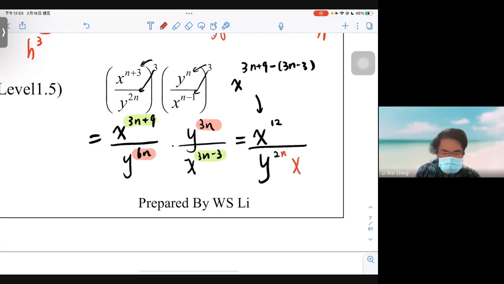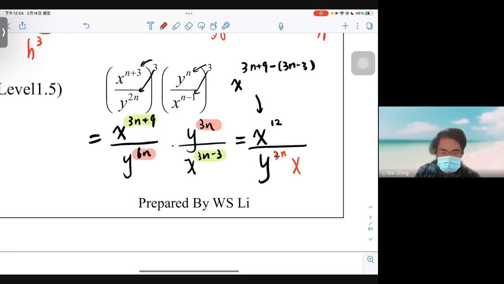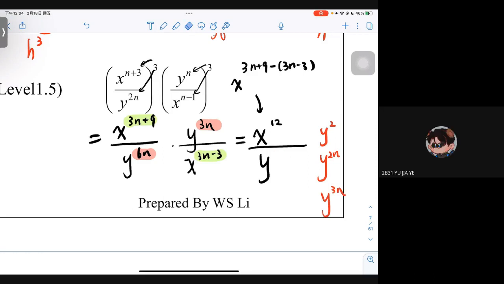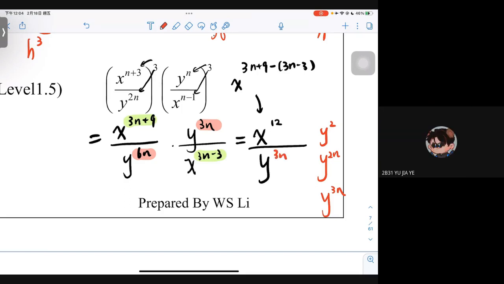Y to the power of 3n, sorry. So I got three answers from you: y to the power 2, y to the power of 2n, and y to the power of 3n. Which one is your final answer? Y to the power of 3n. How can you get this? Y to the 6n minus 3n.